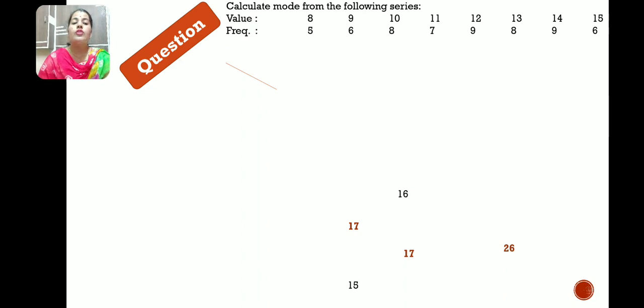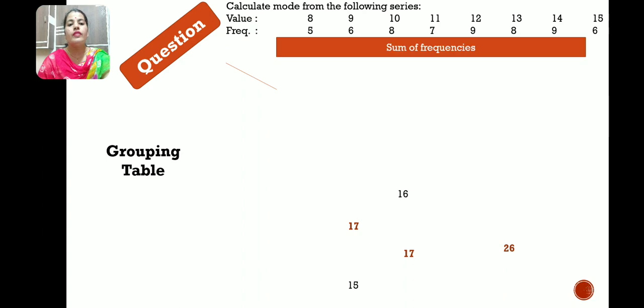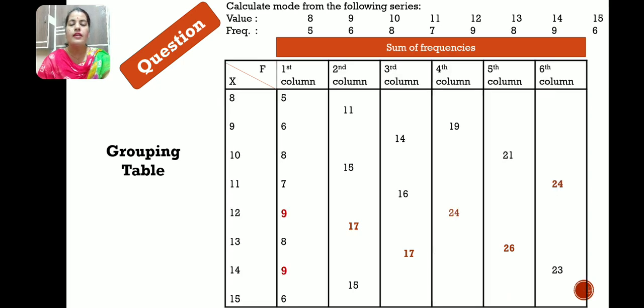So here you have to use the grouping method, for which you have to make a grouping table first. So here we are making the grouping table. According to the grouping table you have to write 6 columns for frequency horizontally and all the x's vertically. In the first column, as I already told you, you have to write the given frequencies which are given in the question.